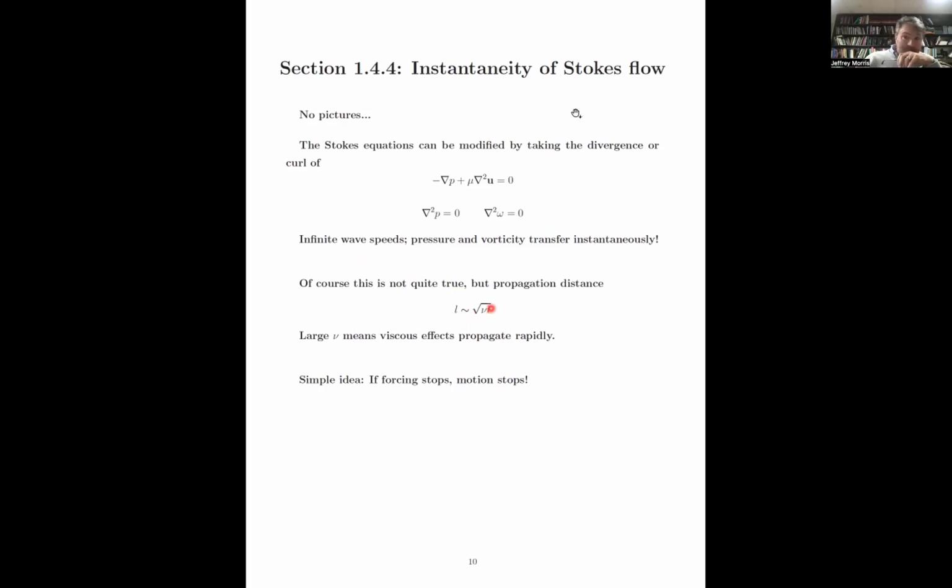Yes, Abhi. Hey, Jeff. So the instantaneity, is it related to the fact that there is no inertia in the system? Or are they separate? It's related to the fact that there is no inertia, because the entire u dot grad u term is gone, so you have nothing there.